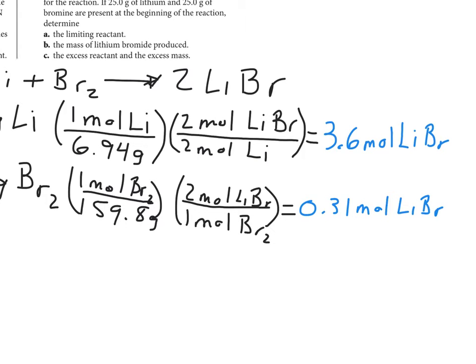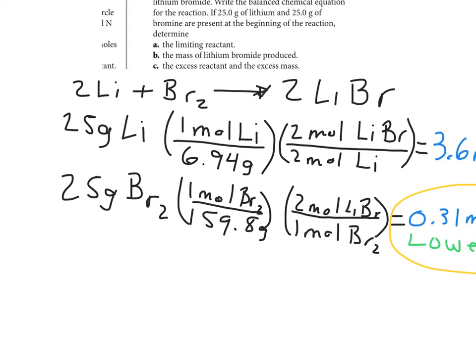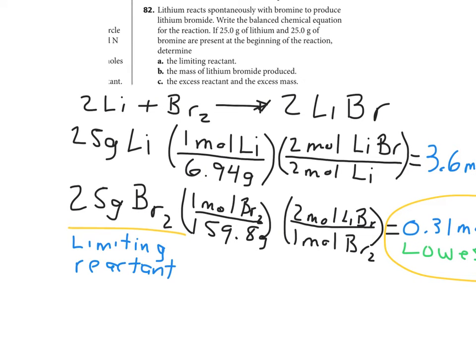Therefore this is the one with the lowest yield. That means this is the product that I will have, and this is the limiting reactant. So that's the first part of the problem.